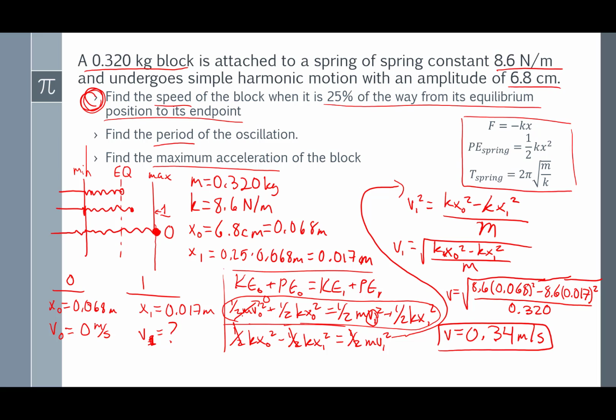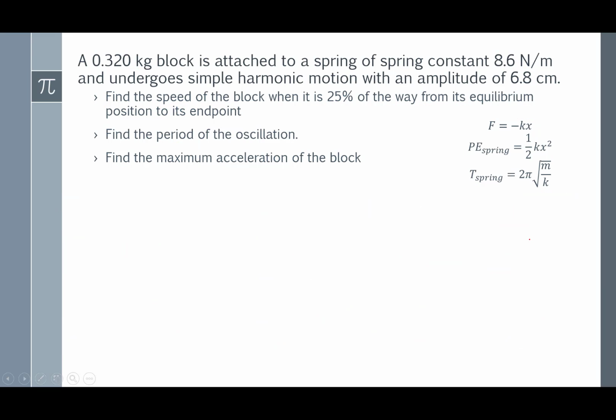I know it was a tougher one on the quest. I'm going to start the next two on just the next slide. So, next we want to find the period of the oscillation. Well, period is just equal to 2 pi root m over k. That's easy. We know all those numbers. 2 pi times root of, what's the mass? 0.320 kilograms.